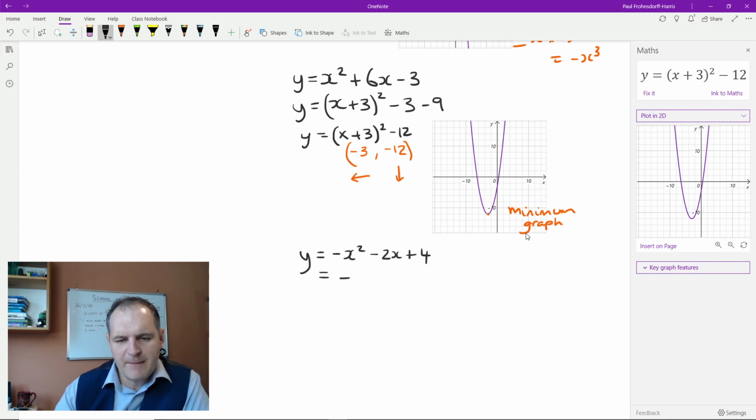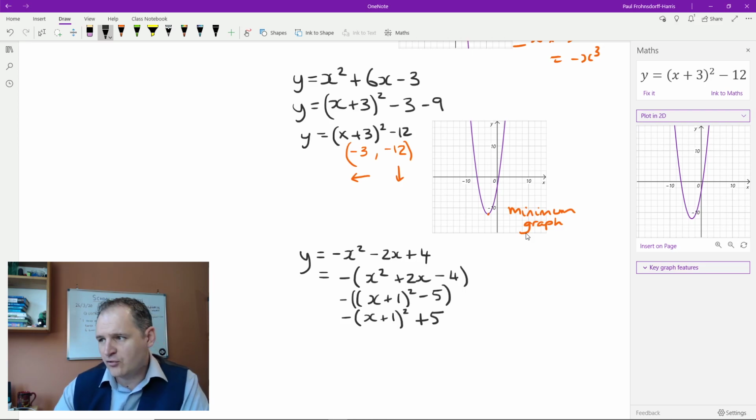This is going to be easiest if I do minus x squared plus 2x minus 4. So it's going to make x plus 1 all squared minus 4 minus 1 is minus 5. But I need to do all of that times minus 1. So I'm going to give it minus x plus 1 all squared plus 5.